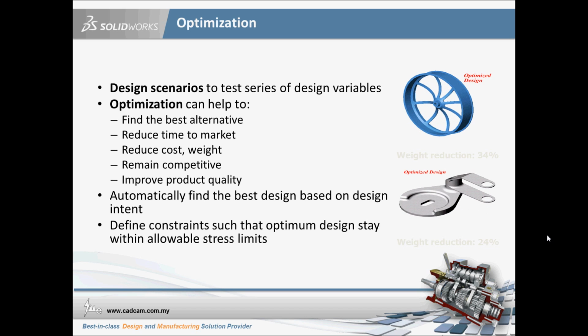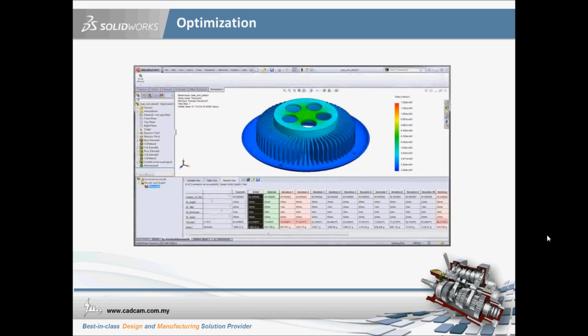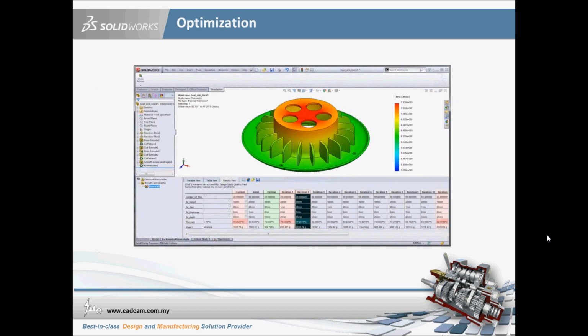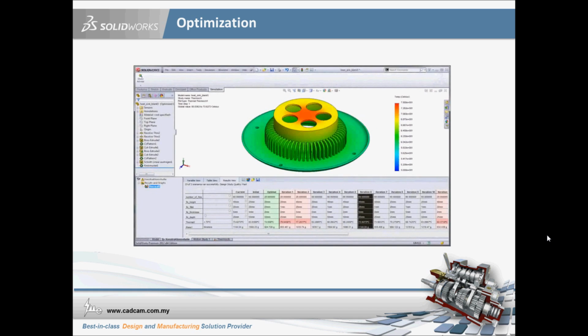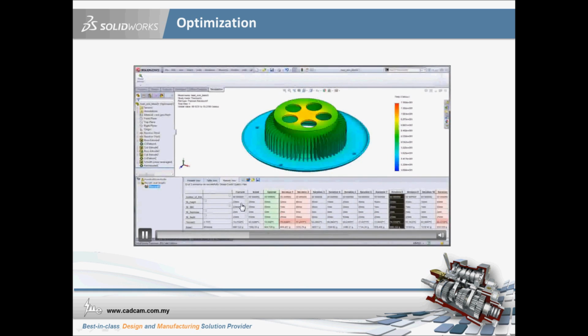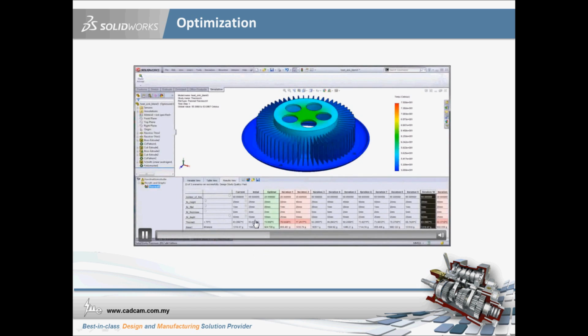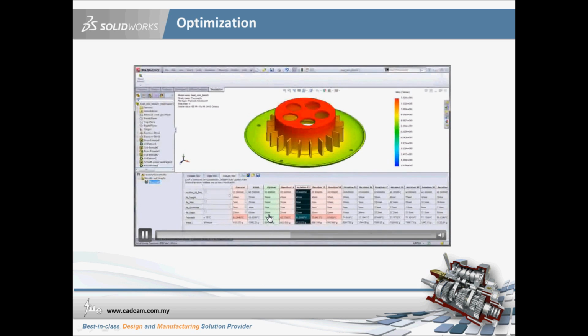So optimization can help you find the best alternative, reduce time to market, reduce cost and weight, remain competitive, and of course improve product quality. Now this video here shows optimization in action in SolidWorks. At the bottom here, we have the initial design and the optimal design as a comparison.